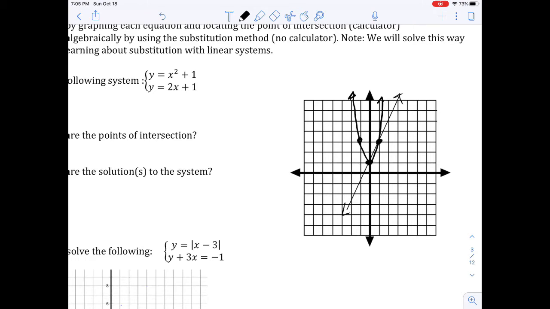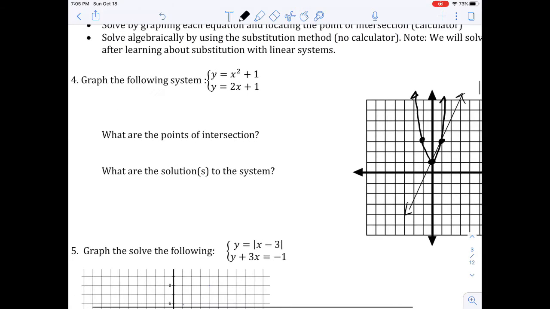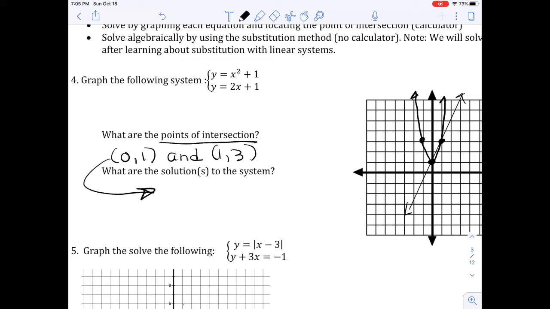We can see that that line is intersecting that parabola, that quadratic, in 2 places. So it says, what are the points of intersection? Well, 0, comma 1 and 1, comma 3. These are the solutions to the system.